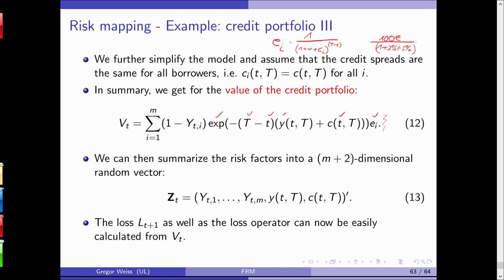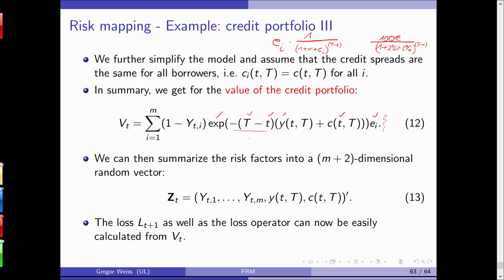Let's assume we have a 4-year loan, and this is how the difference between capital T and t enters this. It's simply included in the exponential function because with discrete interest rates, we would have 1 over 1 plus r to the tth power, or capital T minus tth power.